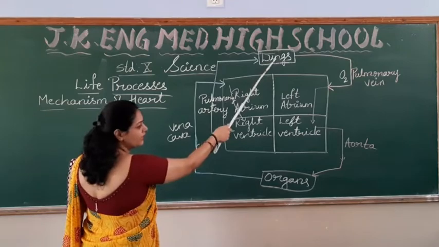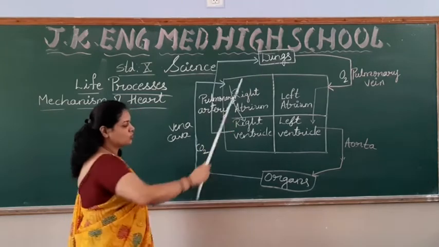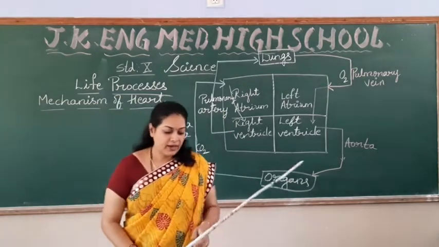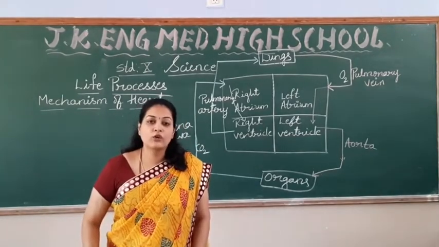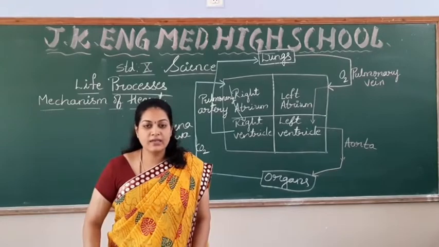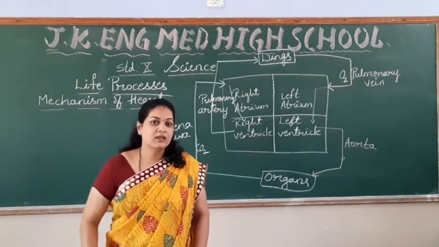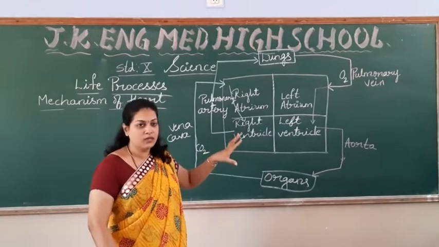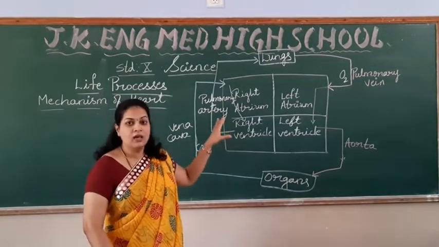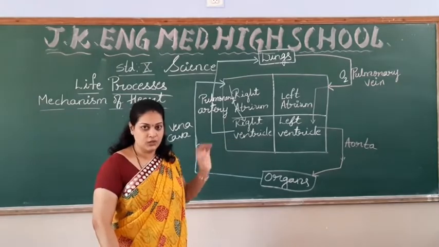Again in the lungs there is an exchange of gases. So like this we find the mechanism of the human heart. Hope you are all understanding, students. Make this type of notes so that there will not be any confusion and you can easily understand how the blood circulates.